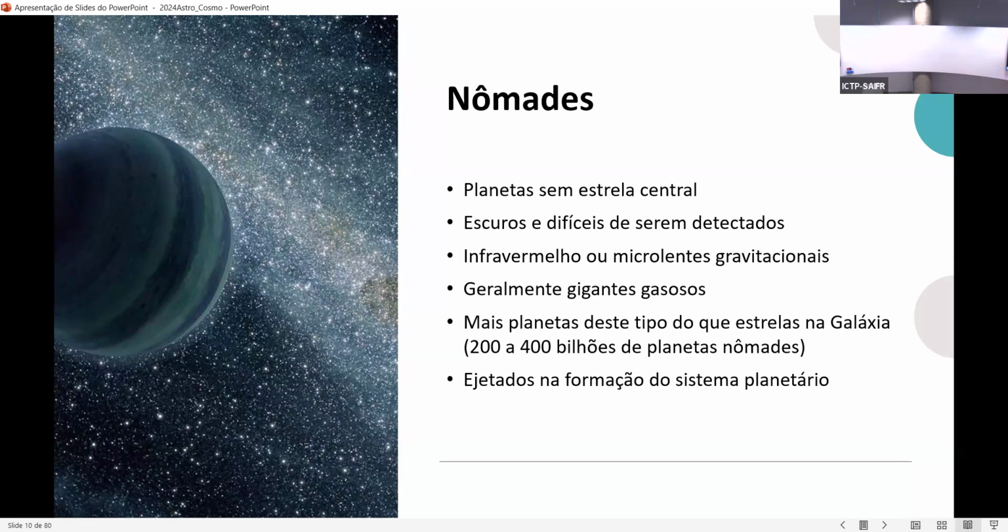And they are probably the result of dynamical interaction with other gas giants in the planetary disk, when all the planets were forming together with the star in the center of the nebula.